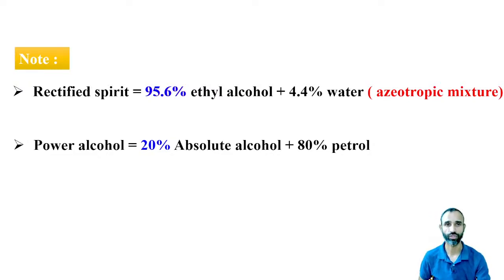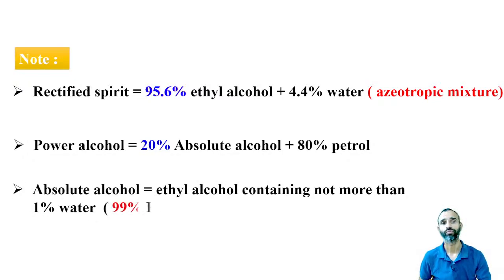Yes. Power alcohol is 20% absolute alcohol and 80% petrol. Absolute alcohol is ethyl alcohol containing less than 1% water, and at the maximum 1% water, it is 99% pure.